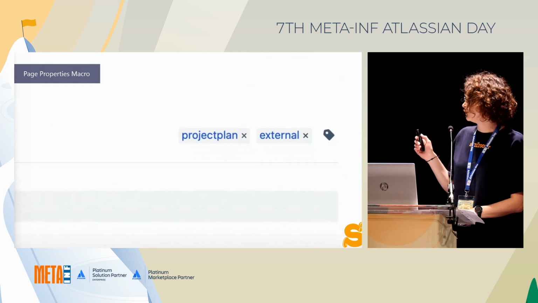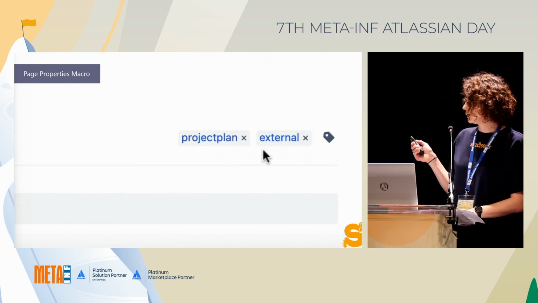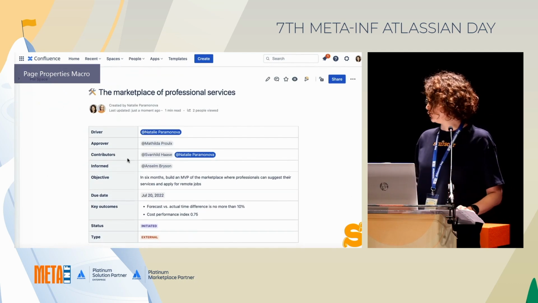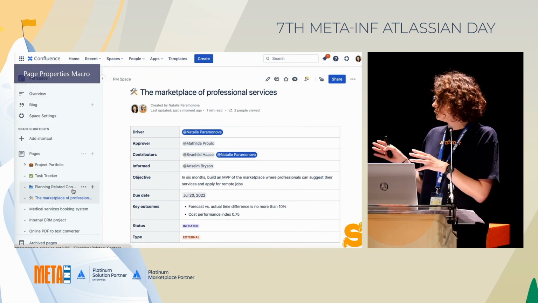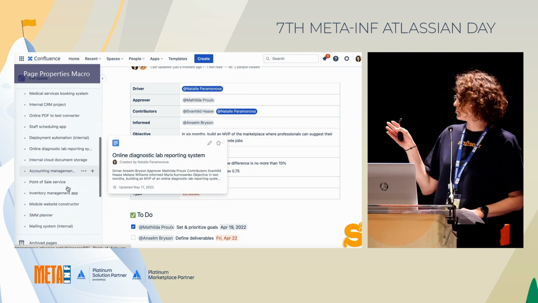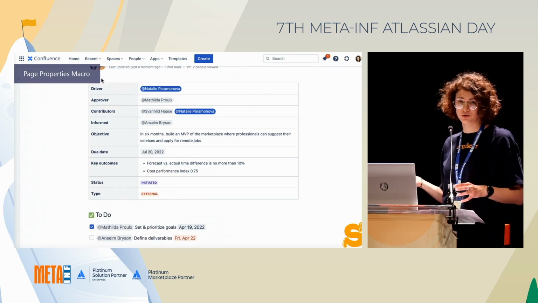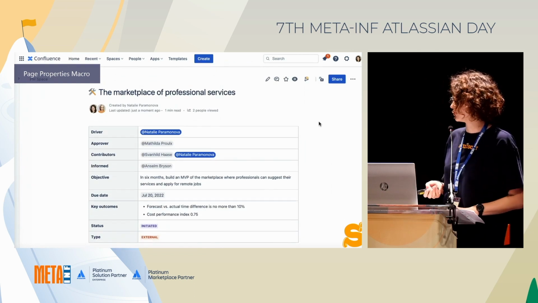Here you also need to add some labels to distinguish related pages. This information stored inside the Page Properties macro will then be summarized on a master page with the help of the Page Properties Report macro.